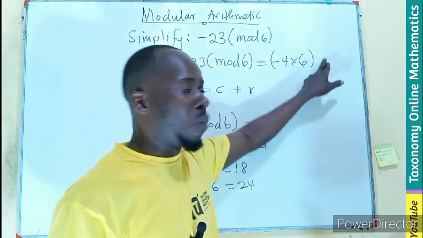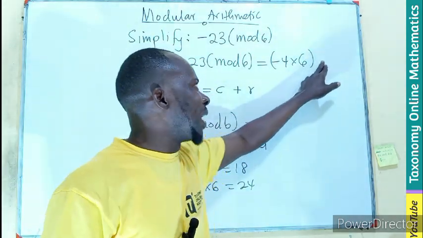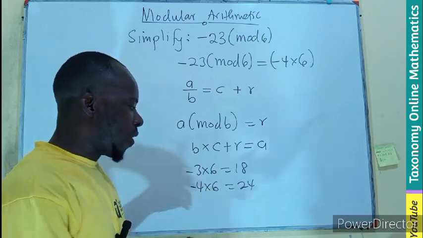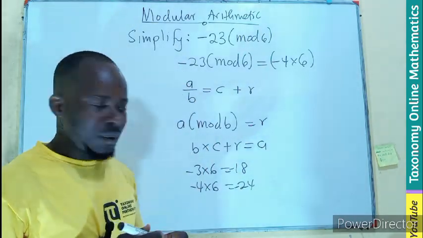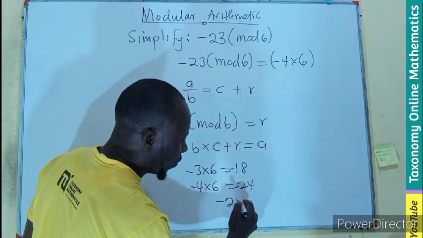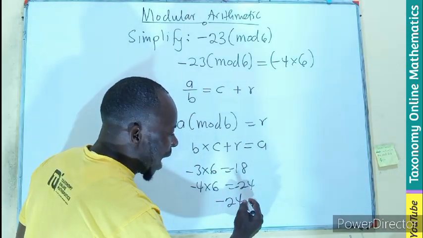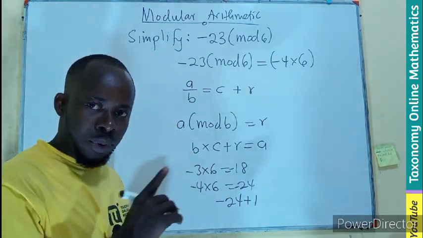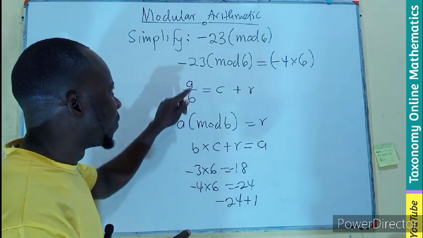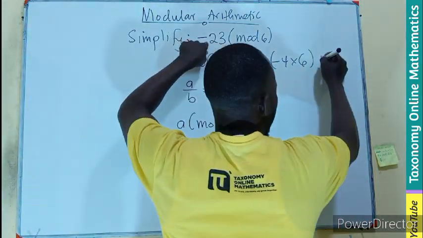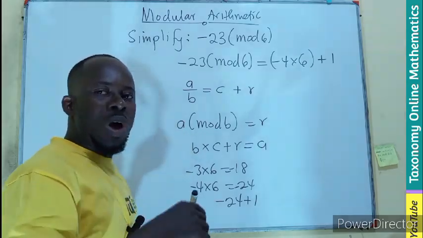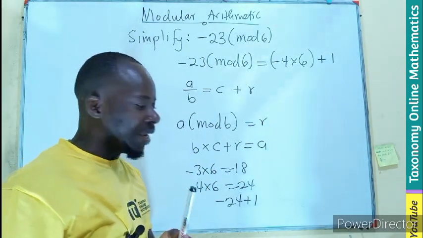So what positive number will you add to negative 24 in order to get negative 23? If I add positive 1, the value becomes negative 23. So this means plus 1, and that plus 1 is the remainder we are interested in.